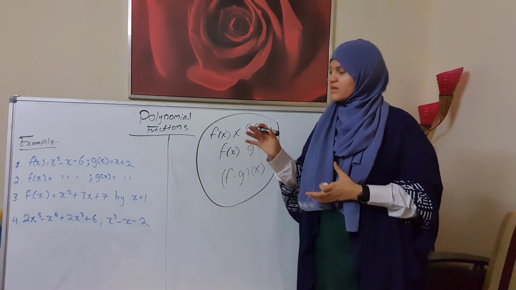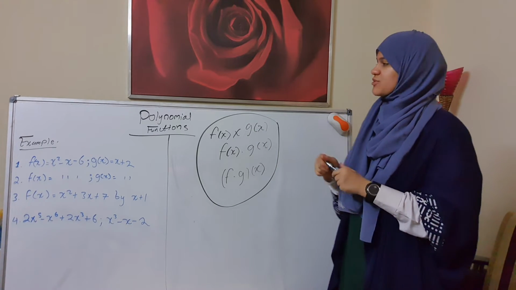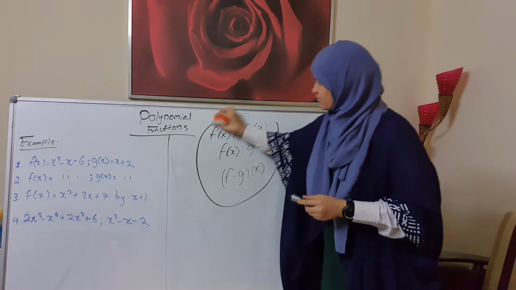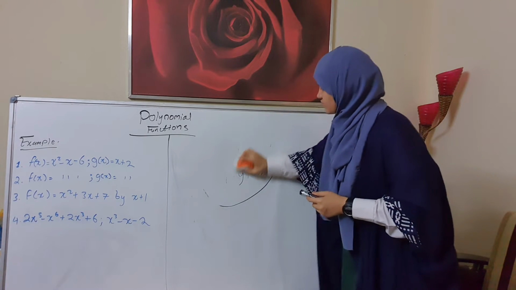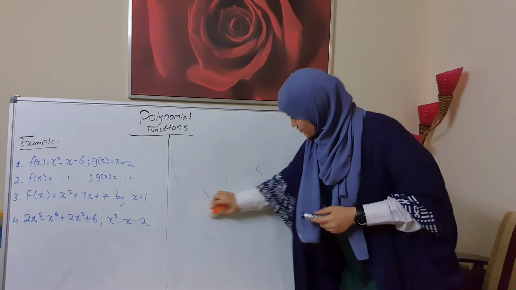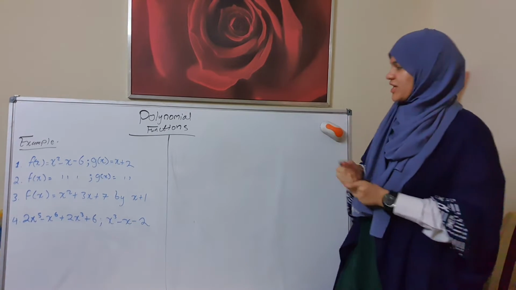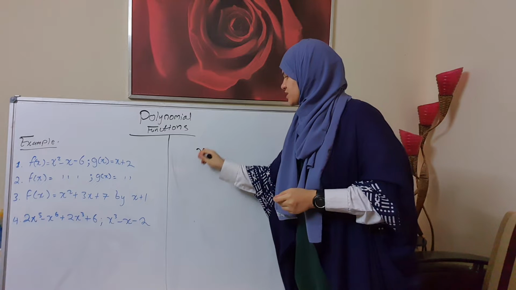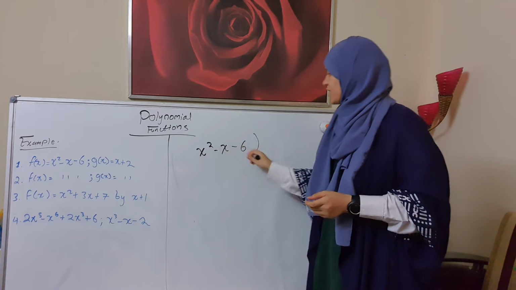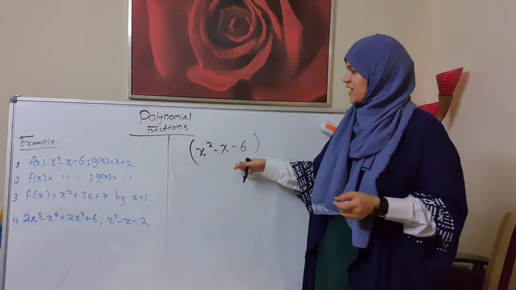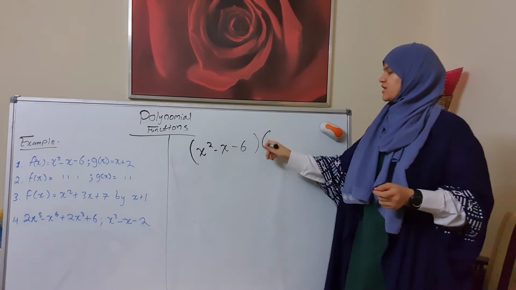Now we have f of x already and we have g of x. Let's multiply them together. We will write x squared minus x minus 6, all in brackets, which is f of x, times x plus 2 in another bracket.